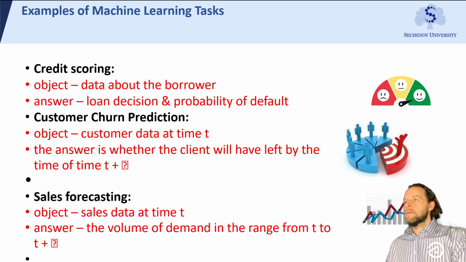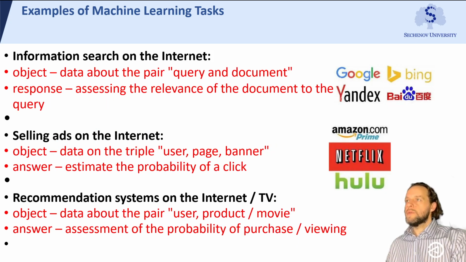In banking, it's being applied for credit rating scoring, and it will calculate whether the bank should give the loan to the client or not. Customer behavior analytics, sales forecasting, and so on.